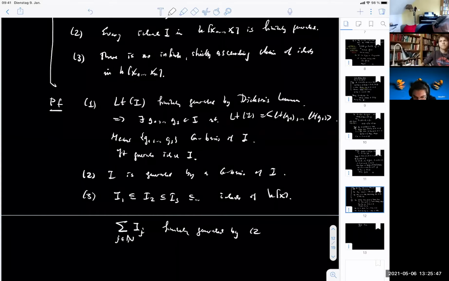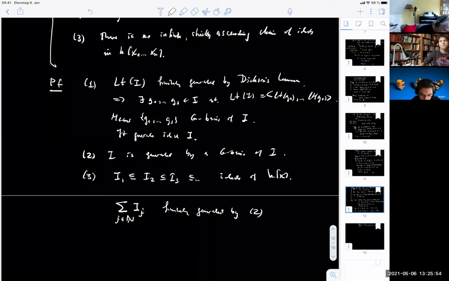Okay, by part 2, every ideal in the polynomial ring is finitely generated. So it's finitely generated, say by elements F1 up to Fm. So F1 lies in one of these ideals, maybe IK1, F2 in IK2, and so on.